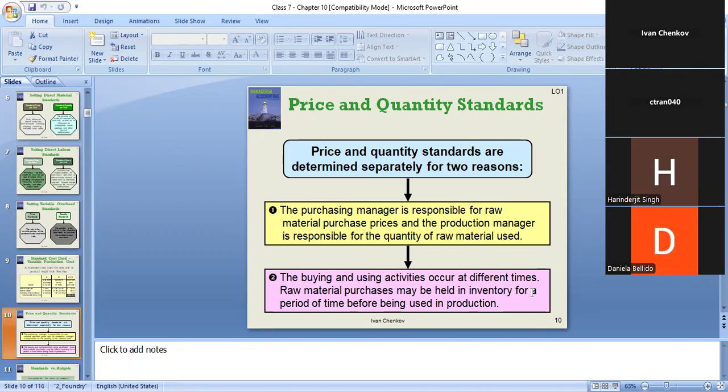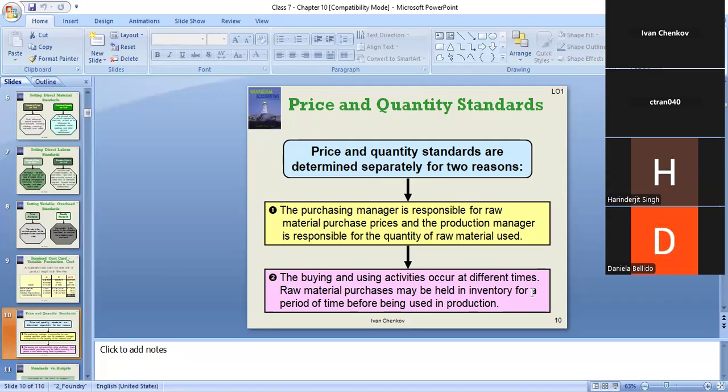Purchasing manager will be the one responsible for purchasing the raw materials, so he'll be responsible for the price standard. And production manager is the one who's going to use those materials that the purchasing manager purchased, and he's going to be responsible for the quantity standard.